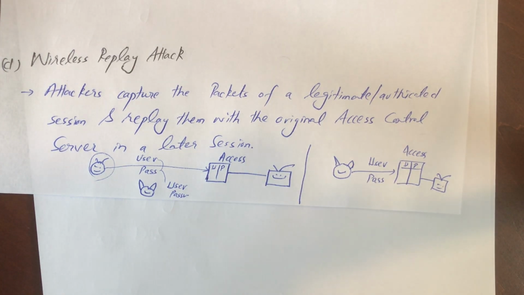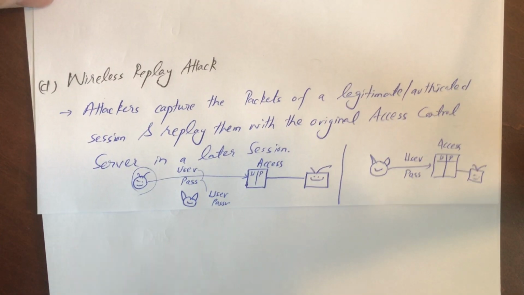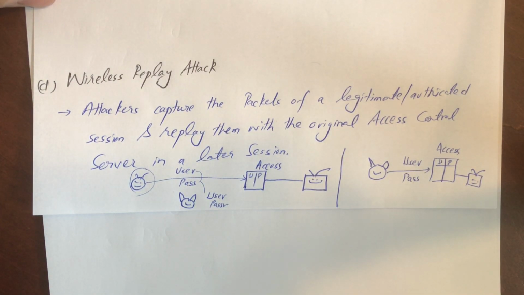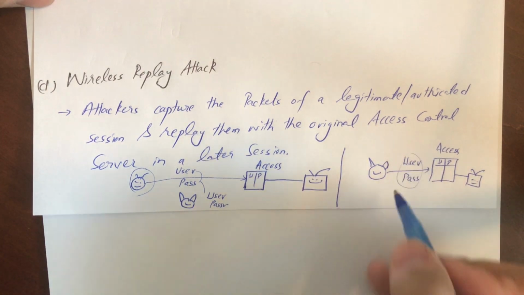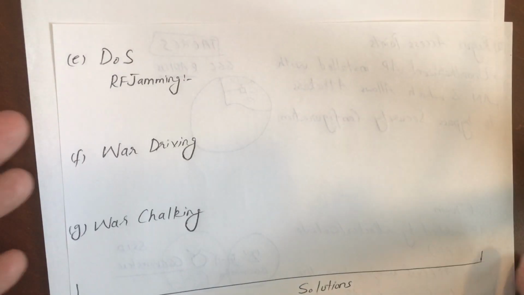Since the username and password were captured from a legitimate session, the attacker can actually access the resource. Of course, we can avoid that by using random nonces and the key wrapping things that we discussed. These are the ways to avoid the wireless replay attack. But if we don't use random nonces, attackers can access the resources even though they don't know the password.